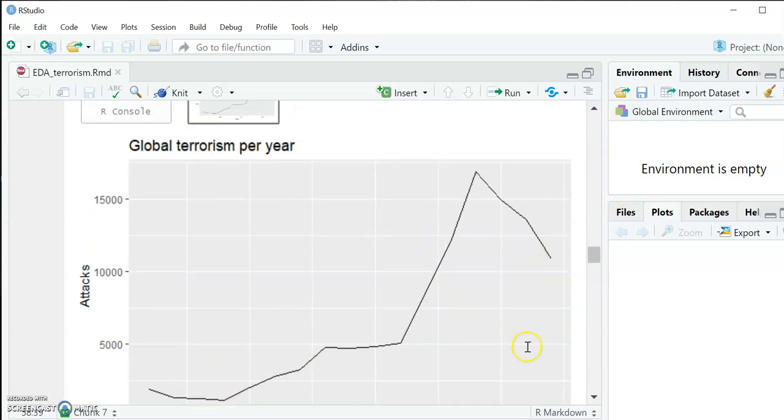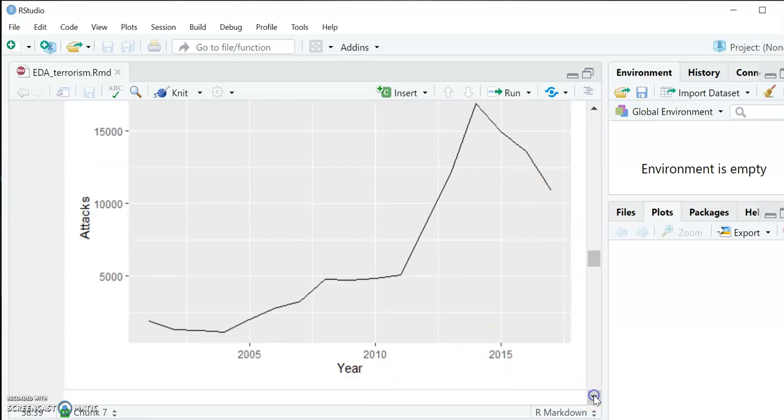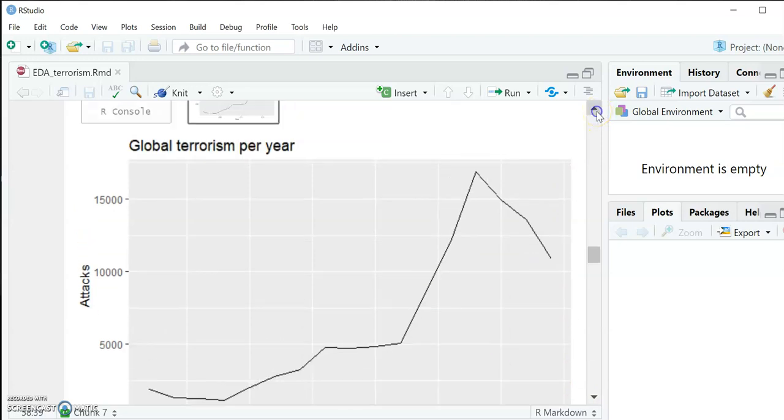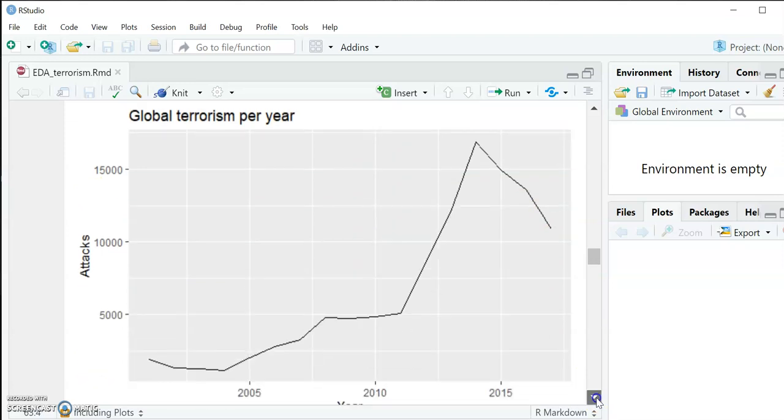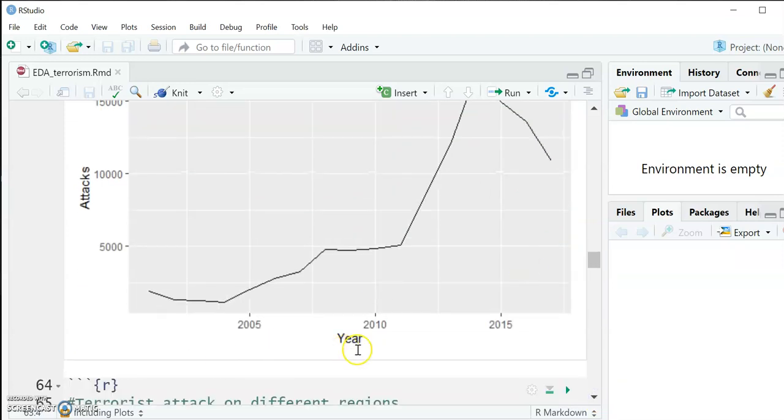We can see that the year with the most attacks is 2014. As you can see, it's greater than 15,000 compared to other years.